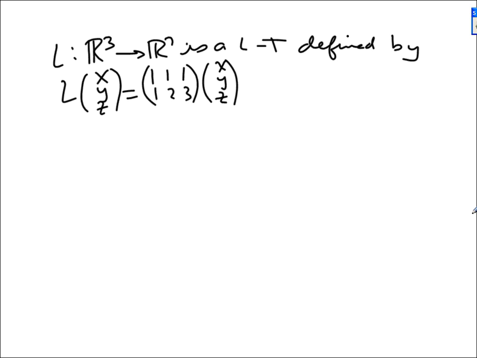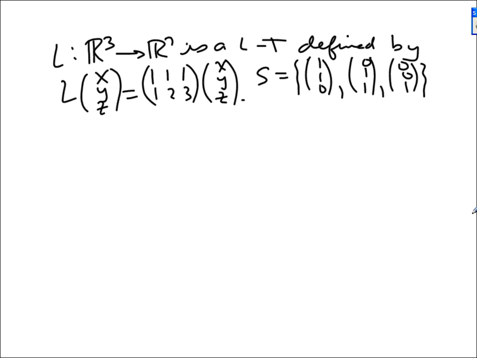Okay. Now, I'm going to give two bases. Basis S contains the vectors 1, 1, 0, 0, 1, 1, and 0, 0, 1. That's a basis for R3.